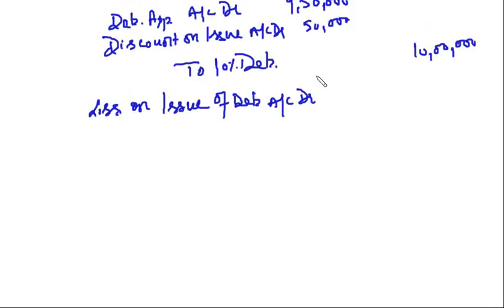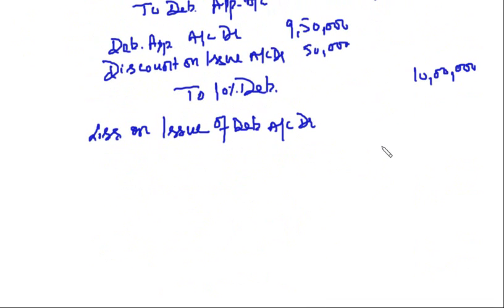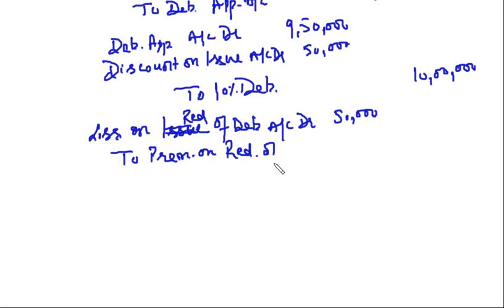How much? 5 rupees on 10,000 shares, 50,000. And which account will be credited? Premium on redemption of debentures account, 50,000. Sorry, loss on redemption, not issue.